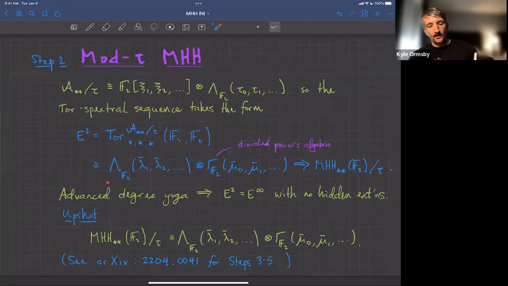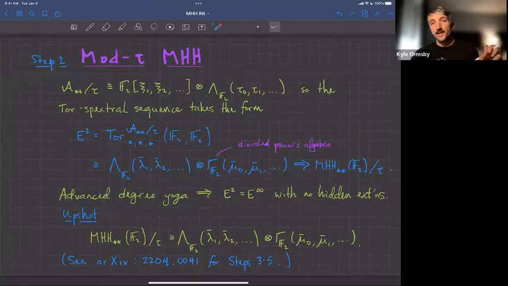So this is our E2 term, and it will converge to the mod tau motivic Hochschild homology. There's more work now. I don't have a good way to present this without just doing a lot of arithmetic in front of you, so I'll send you to the paper. Basically, doing some advanced degree yoga, you can still check that there's no room for differentials.